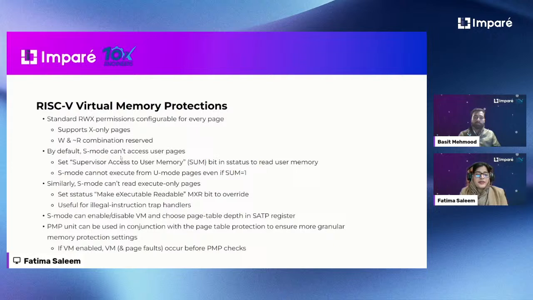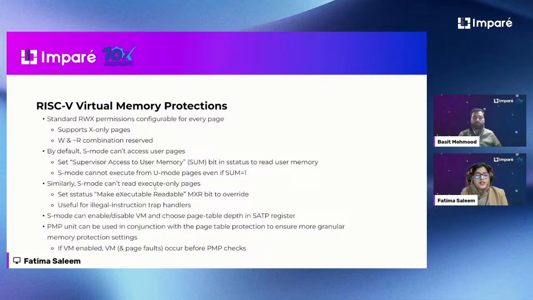By default, supervisor mode cannot access the user page. If the supervisor needs to access the user pages, there is a bit in the status register, and we set this bit high, then we can access the user pages. So there is a protection between the modes as well. Similarly, S mode cannot read execute-only pages.